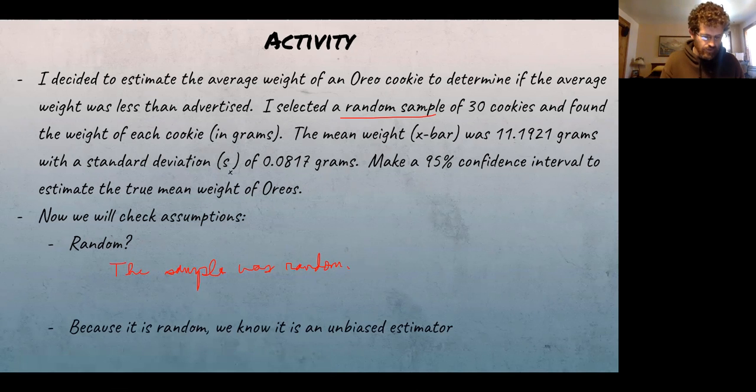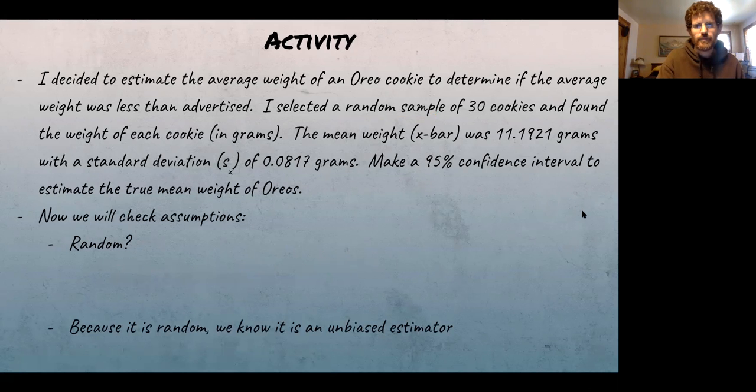This is maybe the most basic condition, but it's also the most fundamental one. We can do workarounds if it doesn't meet the 10% condition. We can do workarounds if it doesn't meet the large counts condition. But if it's not random, there's nothing we can do to fix the problem, okay? So it has to be random in order for this analysis to be worth anything.